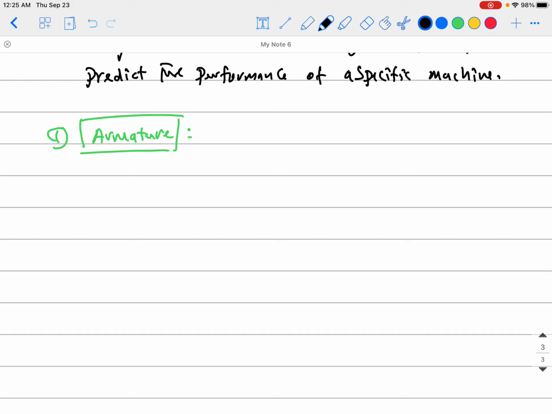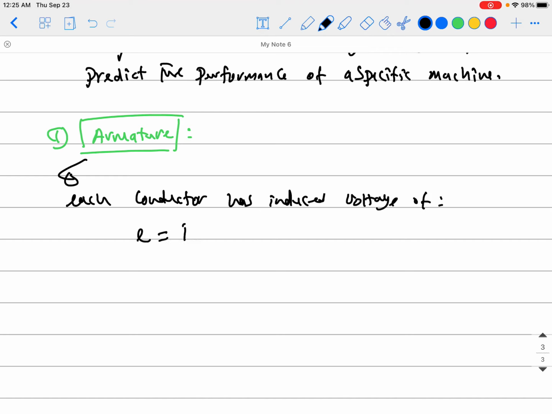If I'm talking about the machine as a generator or a motor, each conductor has an induced voltage of E = BLV. If you remember, we'll be talking about this equation a lot. Knowing that V is your linear speed or velocity measured in meters per second.